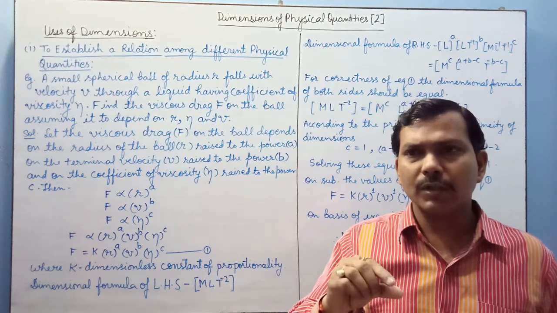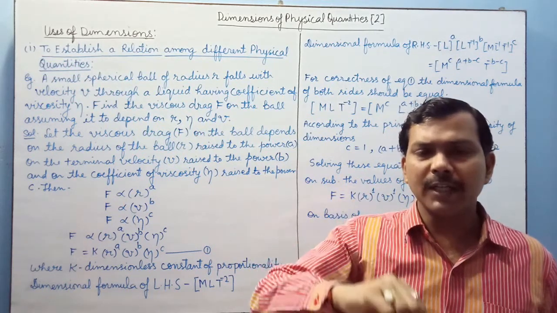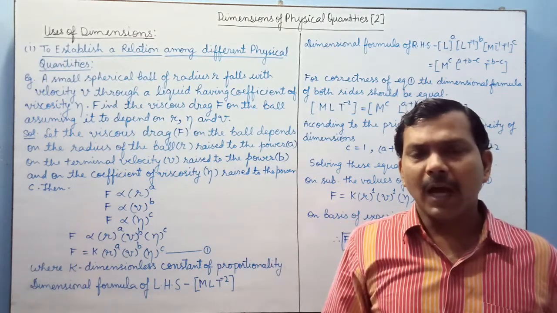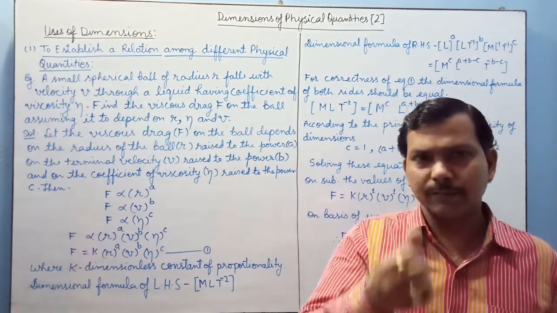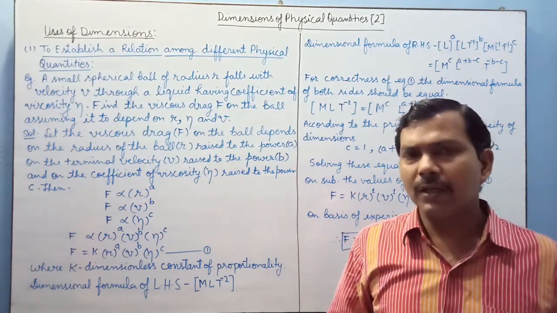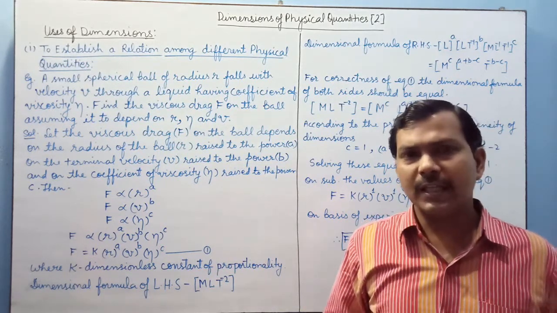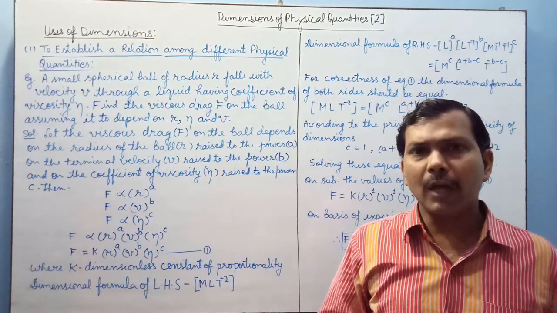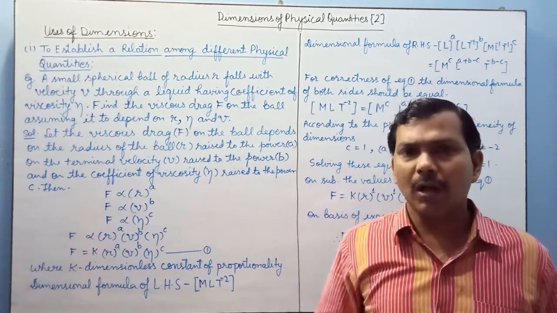Due to this force, the velocity of the ball will go on increasing, and as the velocity of the ball increases, a net force starts acting in the upward direction. This is known as viscous drag of the liquid, and this force also increases as the velocity increases. We want to calculate this viscous drag acting on the ball.